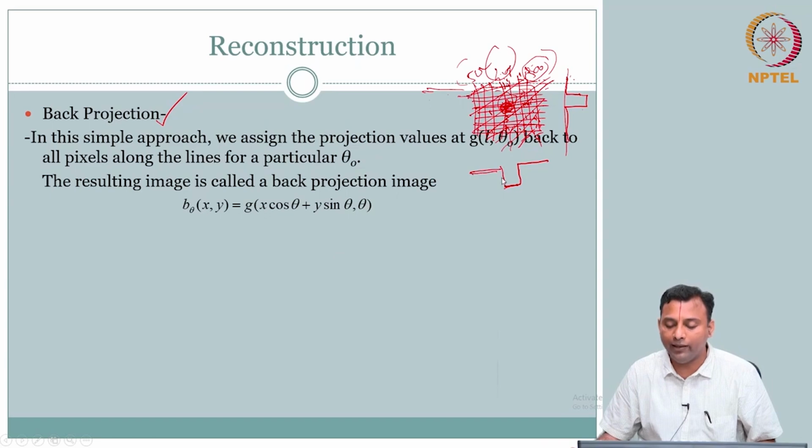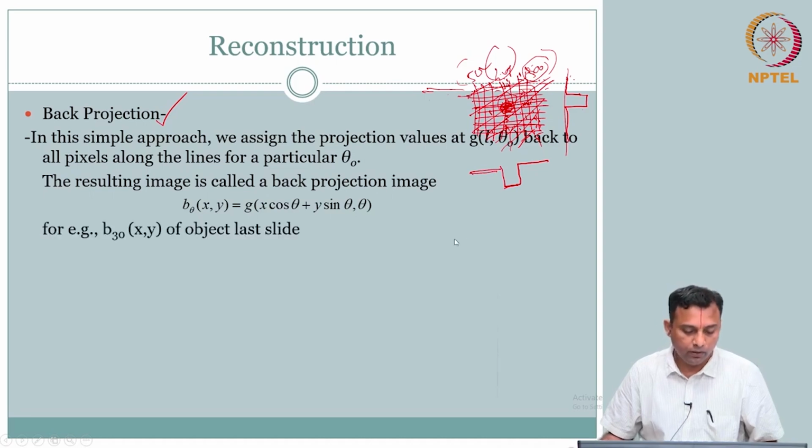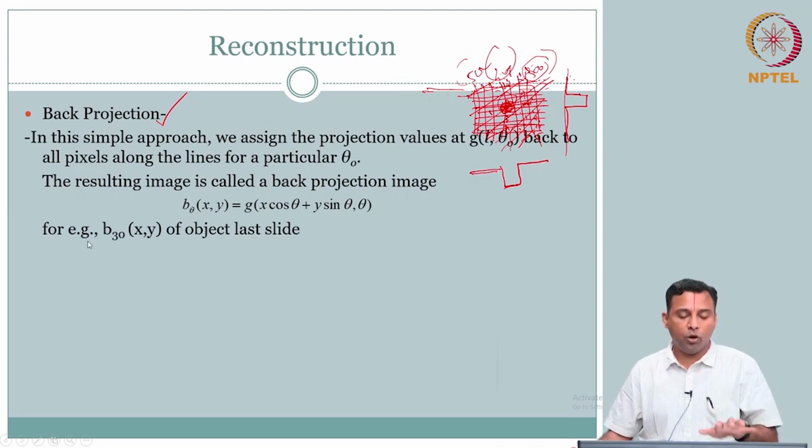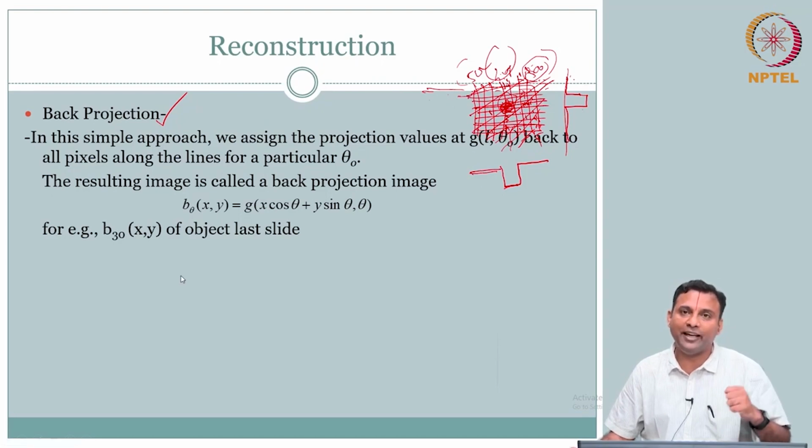So I had one line, I had one projection. I have back projected that to this f of x comma y space. Clear? We'll just take a pause after this slide because we'll have to have the energy to do the reconstruction.